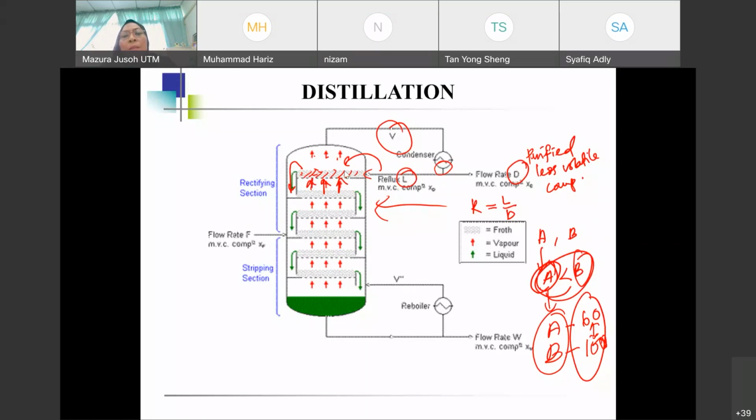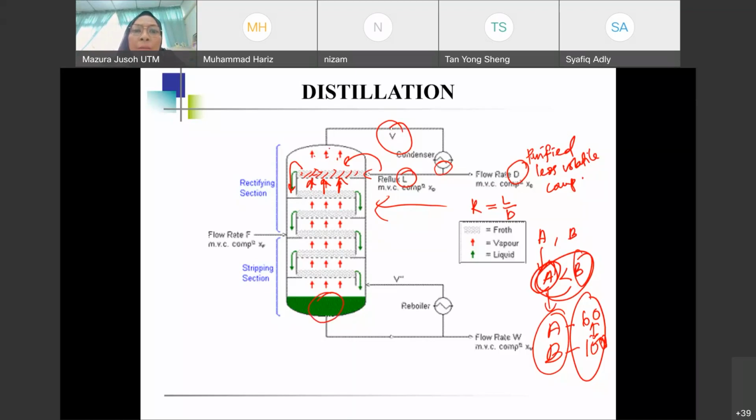Why do you need some liquid? Okay, it's like this. You have A and B in the beginning, let's say, and then you heat it up. When you heat up, the one that's turning into the vapor is A, because A is more volatile, right? So when A vaporizes, it goes up until it's condensed, and then you will be having less A here, right?